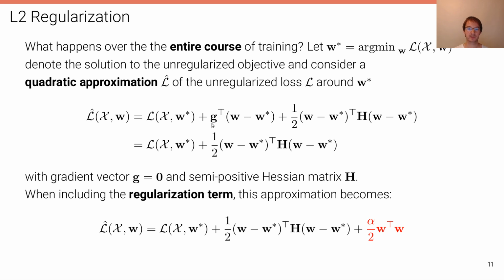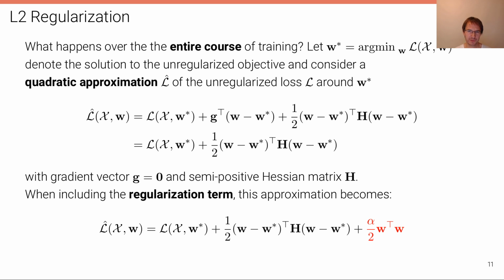We have the gradient vector here and the Hessian matrix here. So we have a linear and a quadratic term with respect to W.